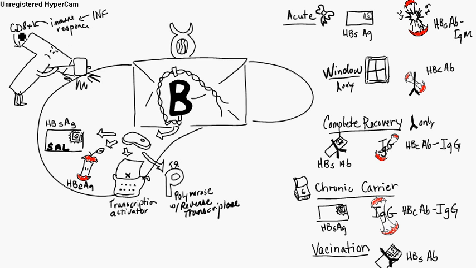The immune response has a strong CD8 T cell response, which leads to cell damage. And I think part of the big picture is being able to pay attention to the phases and diagnosis of acute, window phase, complete recovery, chronic carrier, or vaccination.